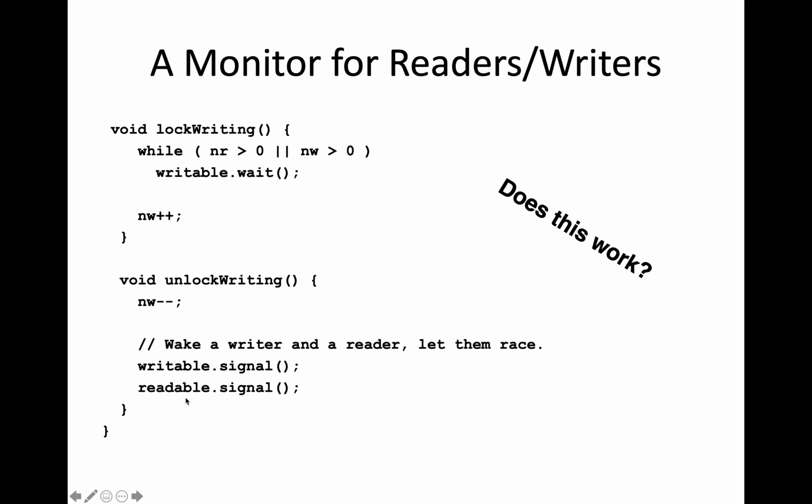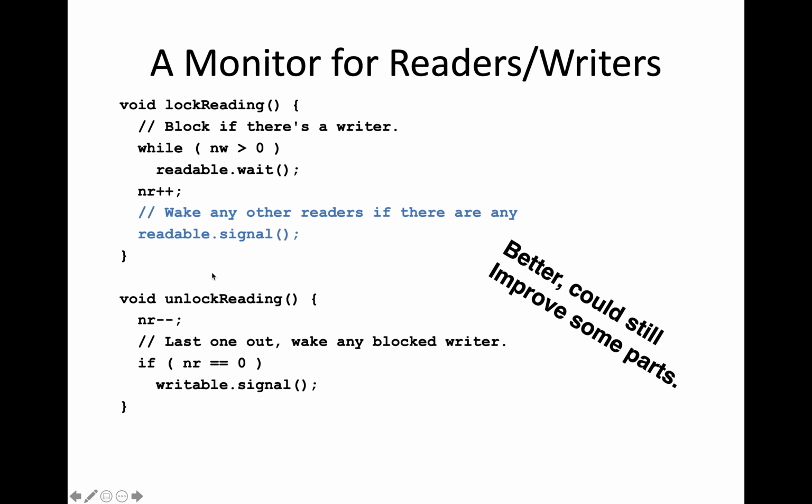If all we had was a signal, we could wake up the first reader, and then we can make each of them responsible for waking up potential readers that were behind them. And moving ahead a slide, that's what I did here, using the same trick we used on one of our first simple toy monitors.